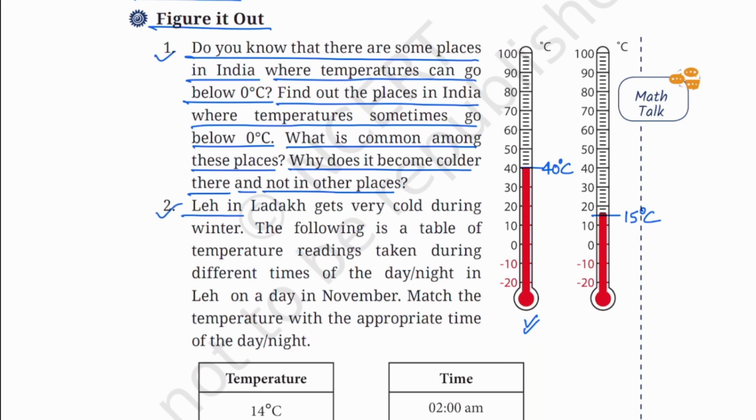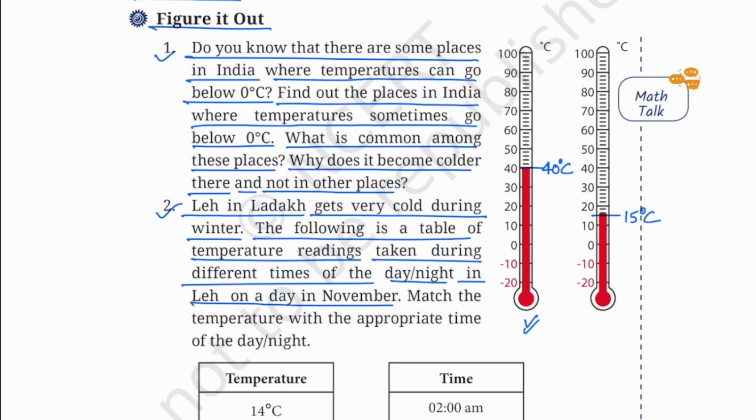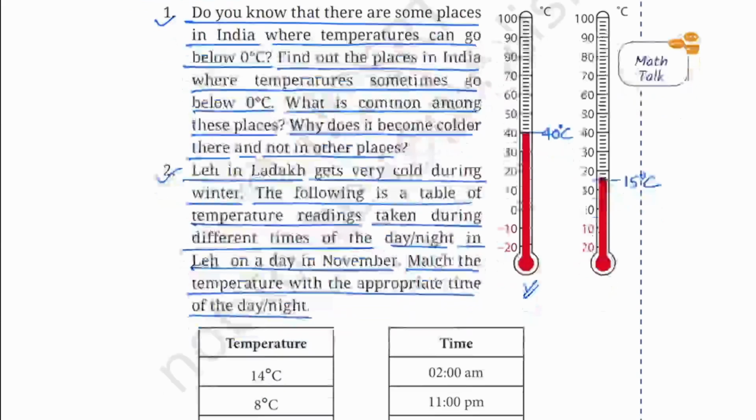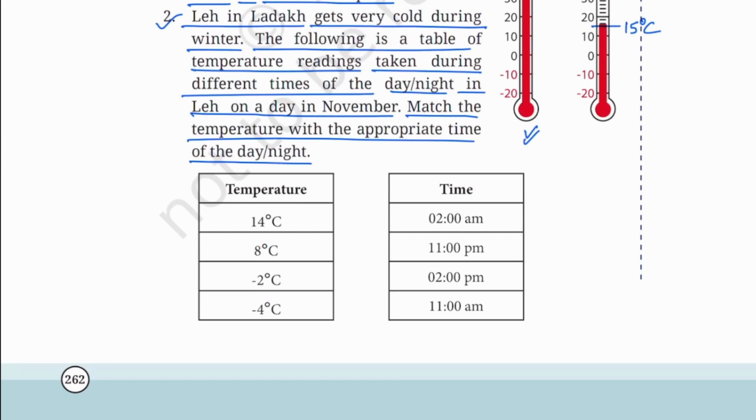2. Leh in Ladakh gets very cold during winter. The following is a table of temperature readings taken during different times of the day or night in Leh on a day in November. Match the temperature with the appropriate time of the day or night. Temperature: 14 degrees Celsius, 8 degrees Celsius, minus 2 degrees Celsius, minus 4 degrees Celsius.